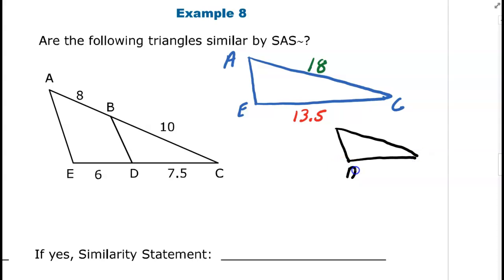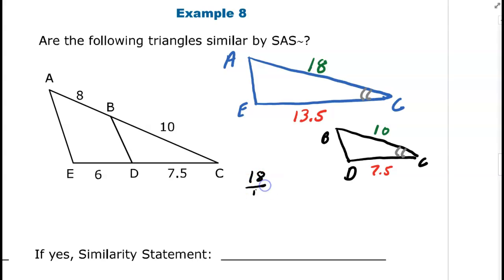And I'm going to draw the little triangle here, just for completeness. DBC, and we have 10 for BC and 7.5 for DC. Now for this particular problem, we do have the included angle. The included angle is angle C. It is common to both triangles. So we do have the common angle, and now we need to check the fractions.